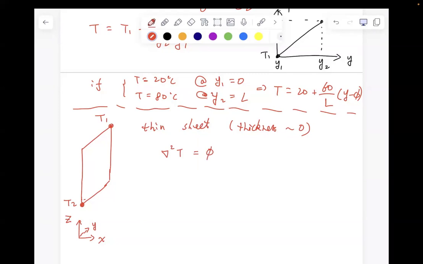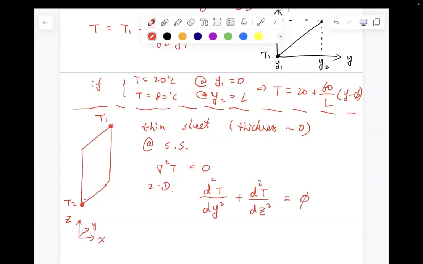If it's at a steady state, thin sheet at steady state, what we have is this. Because the x thickness equals 0, that becomes a 2D problem. And what we have is the second derivative with respect to y plus the second derivative with respect to z equals 0.